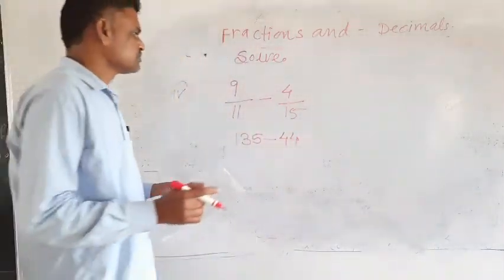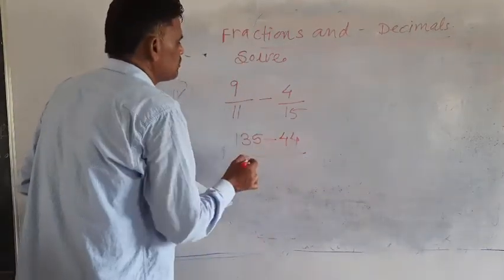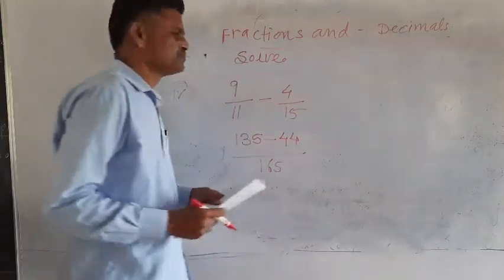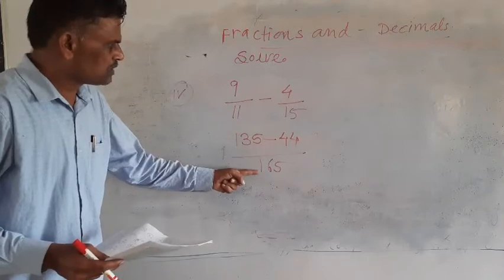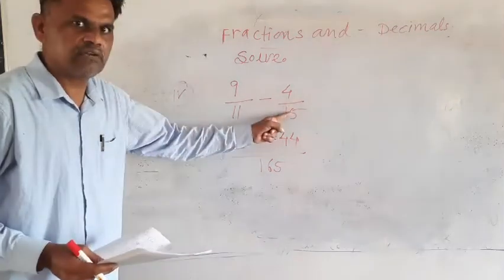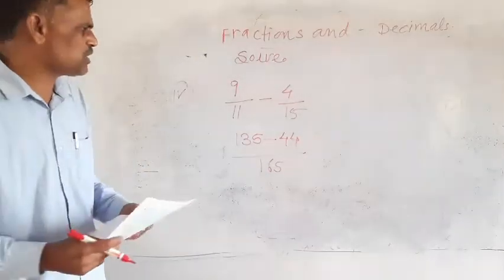And the LCM is 165. You see here, 11 5s are 55, and 11 into 15 is 165.